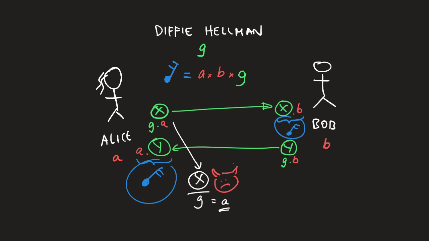And then when Bob sends over his big Y, he's going to take Y, multiply it by A, and now he's got a version of that secret key.